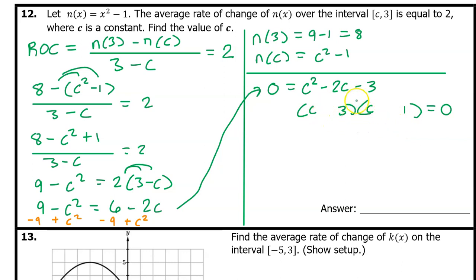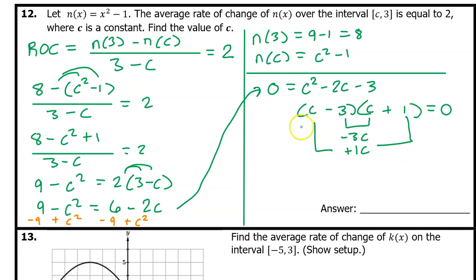Inner plus outer must equal the middle. The inner is 3c, and the outer is 1c. Inner plus outer must equal the middle, which is negative 2c. We control the signs here, so to get a negative 2c, I would want a negative 3c and a positive 1c. So here's my negative 3c, and a positive 1 here gives me the positive 1c.